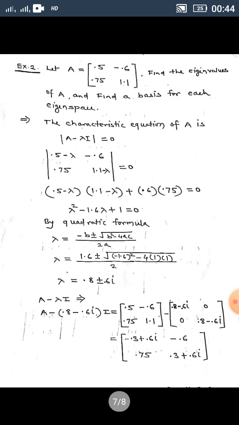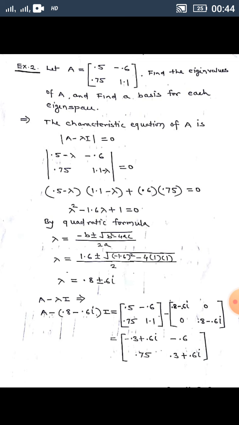Next, Example 2. Let A be [0.5, -0.6; 0.75, 1.1]. Find the eigenvalues of A and find a basis for each eigenspace.